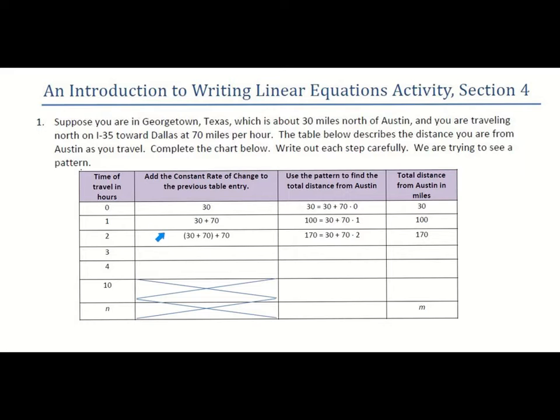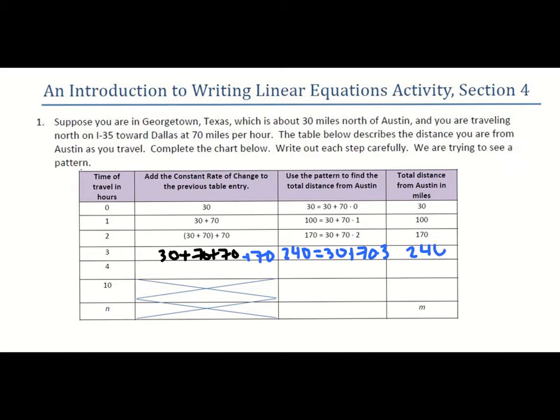So I'm basically going to start off with, oops, let me get my pen. We're going to start off with 30, and then I added the two previous 70s, and then I'm going to add another 70. So we're basically doing 30 plus 70 times 3, which is going to get me to 240.